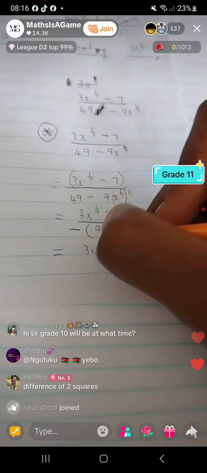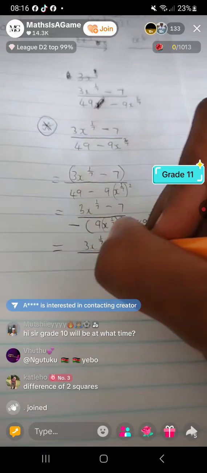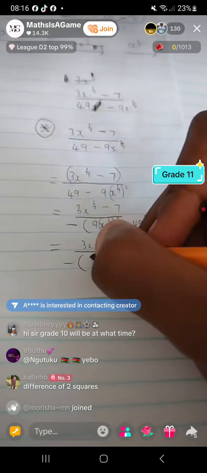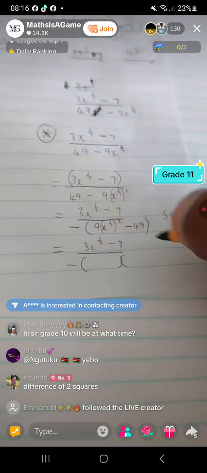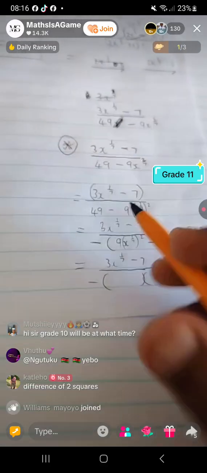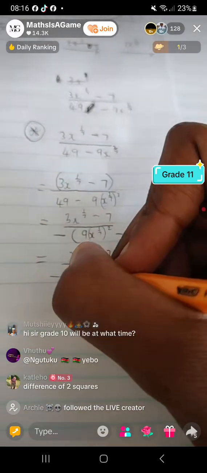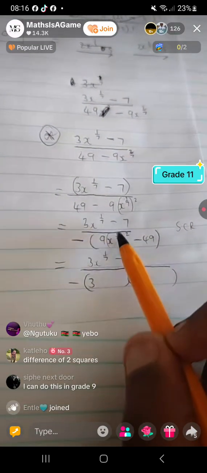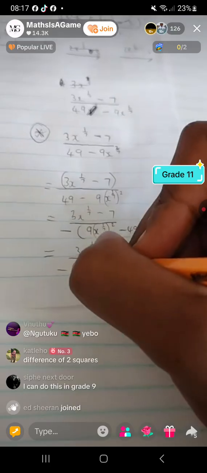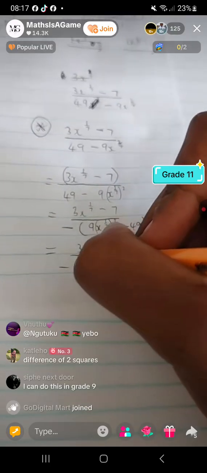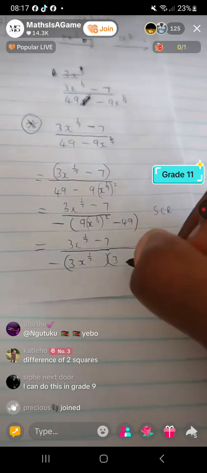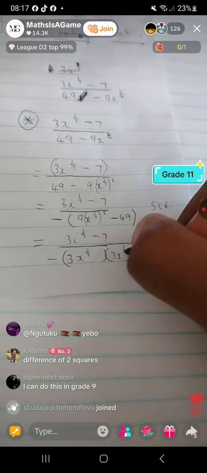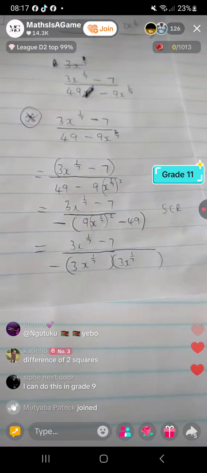Then 3x to the power 1 over 7 minus 7 over, now we can factorize. We open 2 brackets. Remember 9 is a perfect square. 3 and 3 will help me out with that. x to the power 1 over 7. Not with exponents in grade 9.